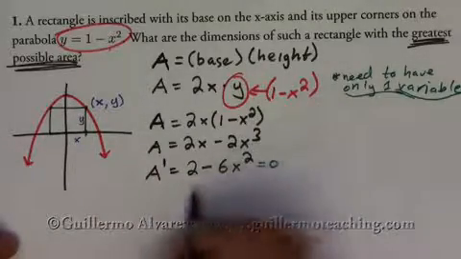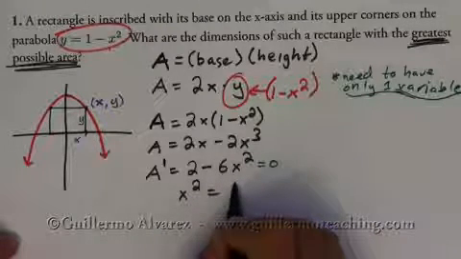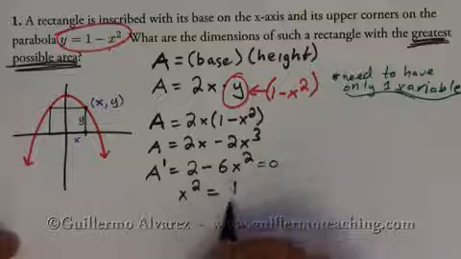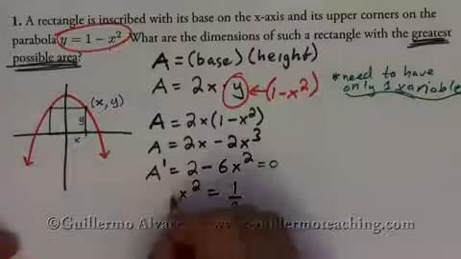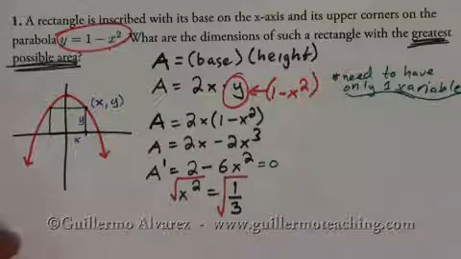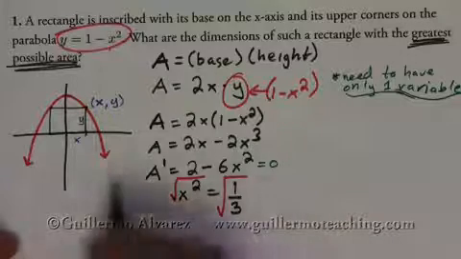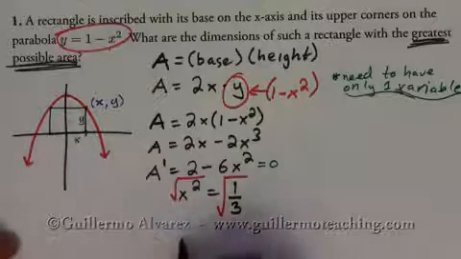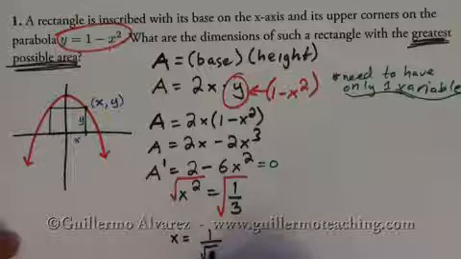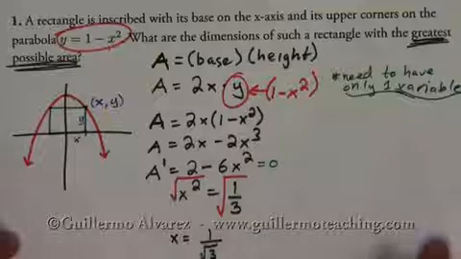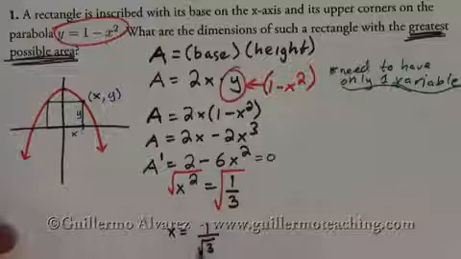If I solve this, I bring the 2 over and divide by 6, and I get that x squared is equal to 1/3. Then taking the square root, you get two values, but since we're talking about a length here, x would have to be the positive square root. So x is equal to 1 over the square root of 3.